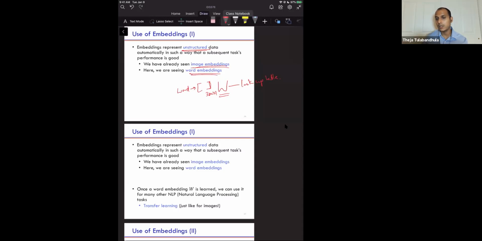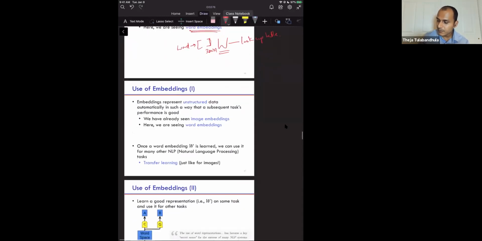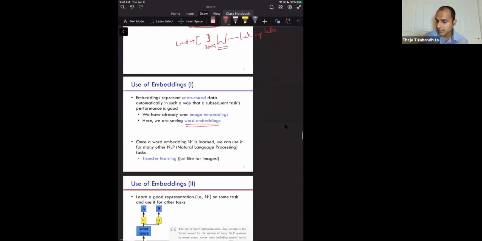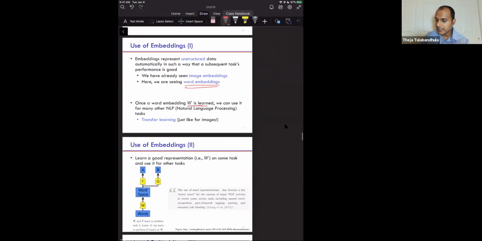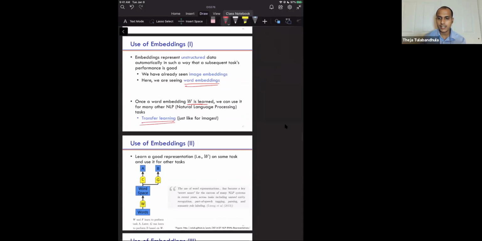That's what people have seen empirically: if you use them, you can do well. So once we learn W, this lookup table, you can use it for many tasks, and it's essentially an instance of transfer learning, just like we saw in the previous lecture.